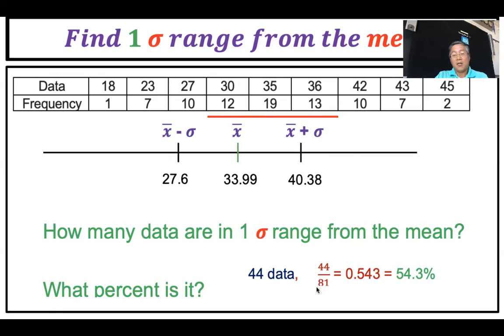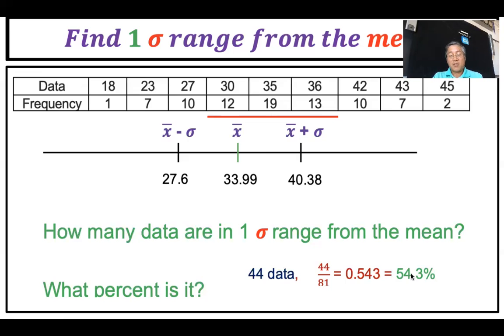So 54.3% of the data is in the one standard deviation range from the mean. A little bit more than half of all the data is within one standard deviation. That's the meaning.